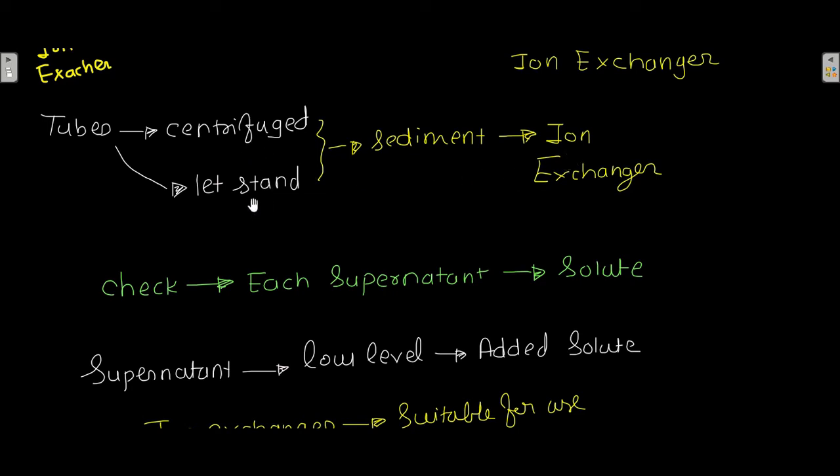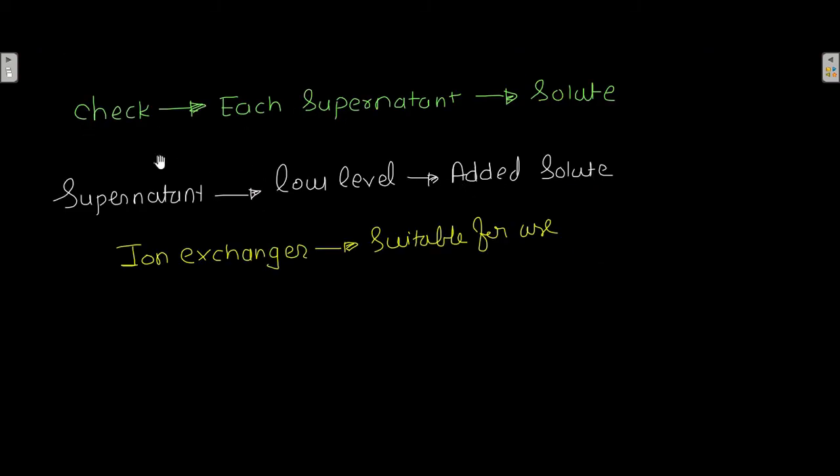Now after doing this, you check the supernatant of each tube for the presence of solute, and if in the supernatant there is a low level of the added solute, then that ion exchanger is suitable for use. The supernatant doesn't have the solute.